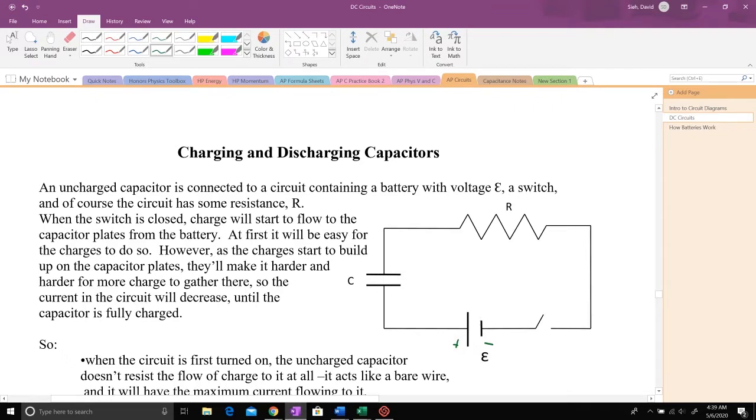Now, every circuit is going to have some resistance, either because the wires naturally have resistance, or there's something with a lot of resistance in the circuit, or the battery itself has resistance. So we're going to take all the resistance in the circuit and, for this diagram, lump it into one resistance value.